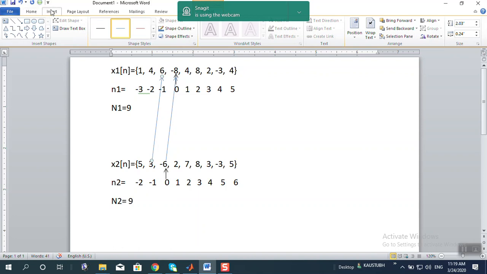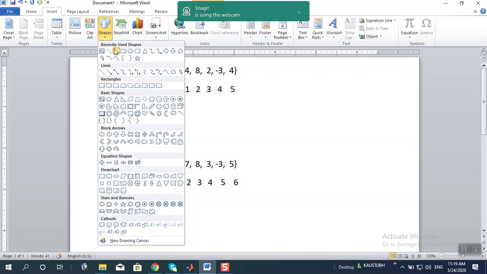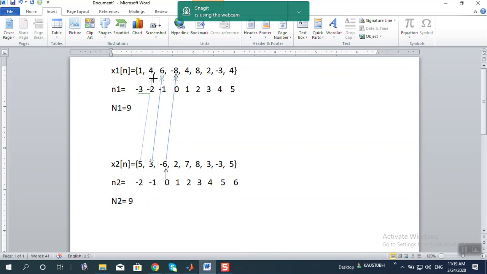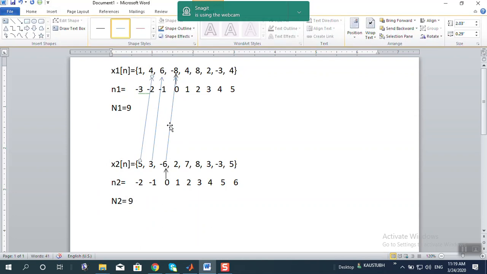Similarly, this 5 will be with 4, this 2 will be with the 4, then 7 will be with 8, then this 8 will be with 2, then this -3 will be with 3, then -3 will be with 4.